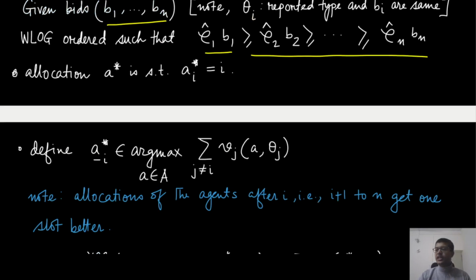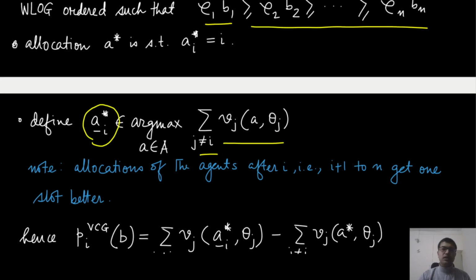And similarly, we can define the allocation of the slots except agent i to be the argmax of the sum of the valuations when agent i is not present, right? This will be useful when we calculate the VCG payment. Now there is a certain simplification that is possible here. All these agents are sorted in this order.